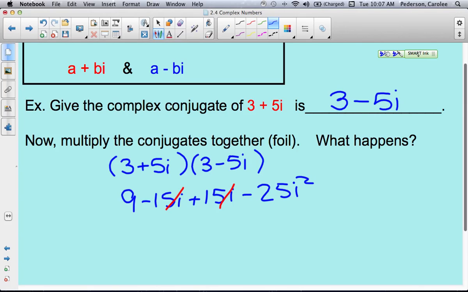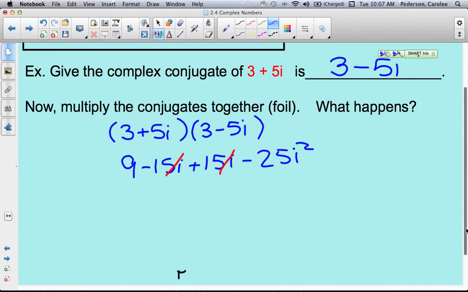What happens to my i squared off to the right? That drops and switches signs to a positive 25, and then I get 34. So when I multiply by complex conjugates, I get a real number. Imaginary numbers drop out.